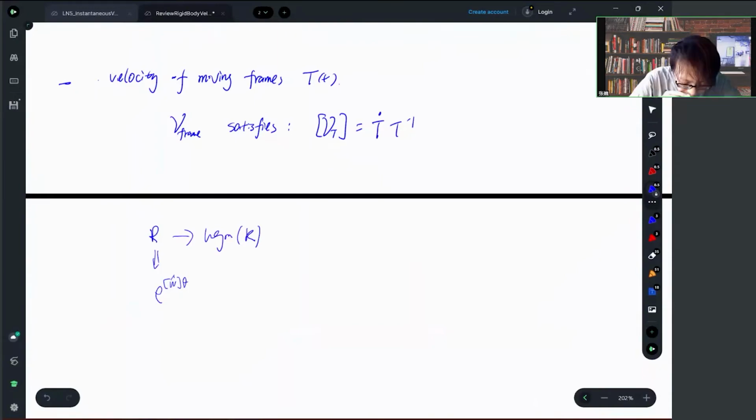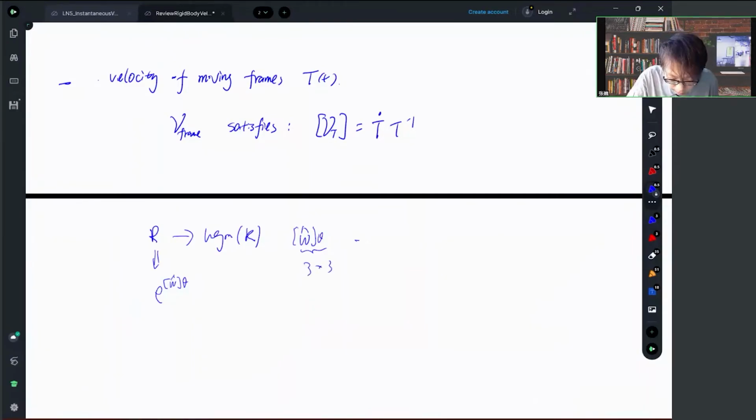If you take the log, what you have is omega hat times theta. This is a skew symmetric matrix of this form, and this is a 3 by 3 skew symmetric matrix. And then you can also extract the rotation vector out of this.